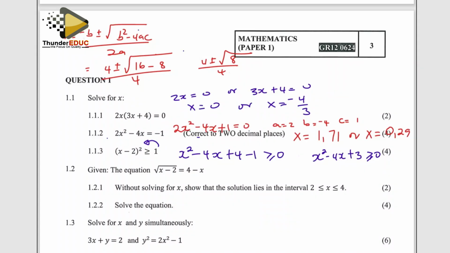Let me just confirm with what I have this side. Minus 4x plus 3. Okay, so open the two brackets, or you can use your quadratic. But this is direct. I wouldn't really encourage the quadratic that much. So I can just say minus minus. Okay, that's perfect. So which means my critical values are positive 3 and then a positive 1.